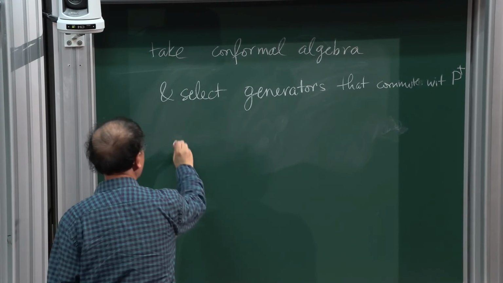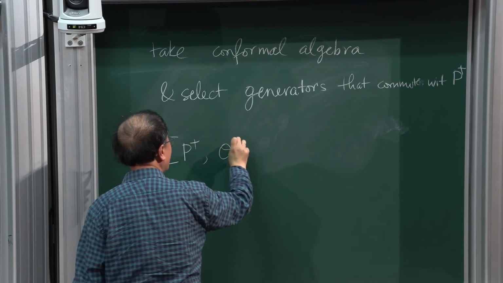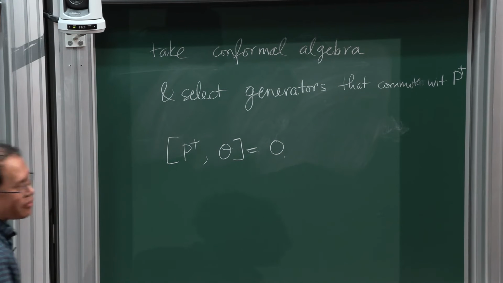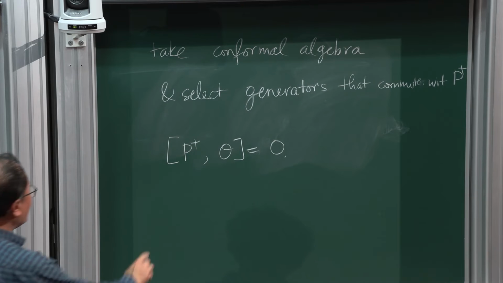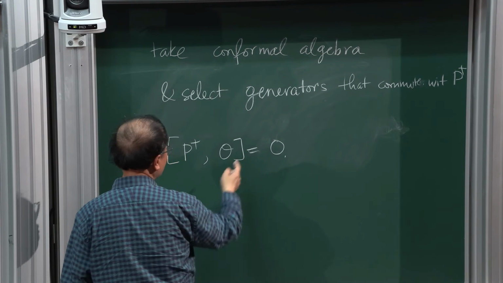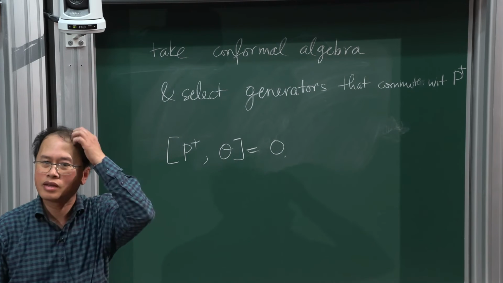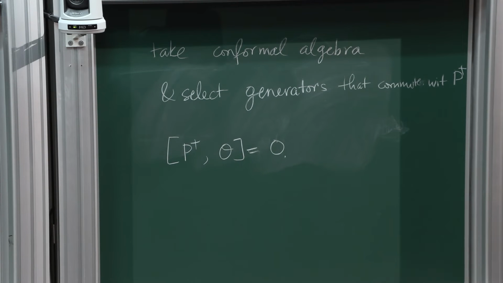So I want to select every O that commutes with one of the light cone momenta, which is one generator of the conformal algebra. If we take two of these, O1 and O2, that both commute with p^+, the commutator will also commute with p^+. So we get a closed algebra as the result.